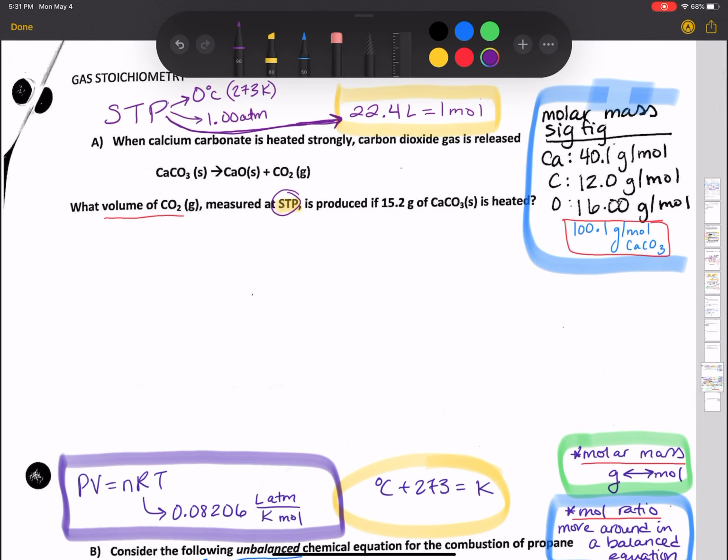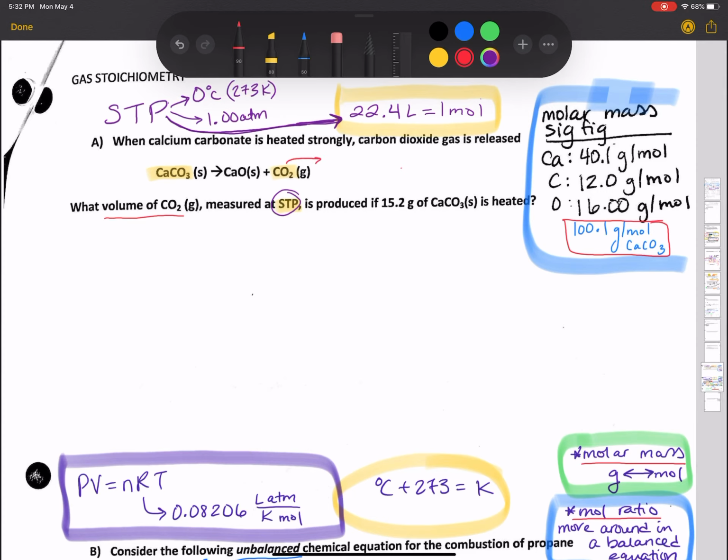Question A says when calcium carbonate is heated strongly, and I just highlighted calcium carbonate in yellow, carbon dioxide gas is released. So the decomposition of calcium carbonate helps us create carbon dioxide gas. The question now wants to know what volume of carbon dioxide gas.